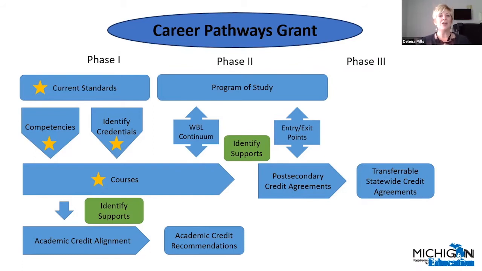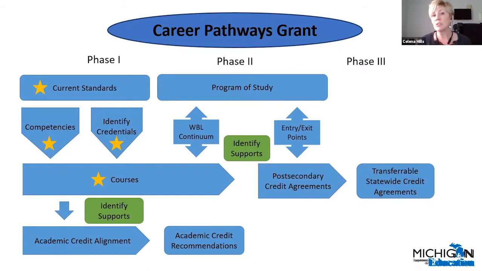And then they also looked at that big overarching program of study. So if a student is really interested in going into the construction industry or related industry, what do they need to take in the 9th and 10th and 11th and 12th grade, including your program, to be prepared to move on? And then how does that align to post-secondary and employment options? What kind of training should they have? What kind of interest should they have?